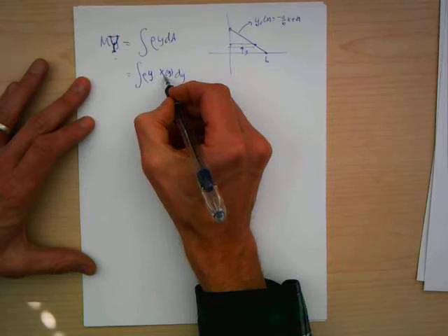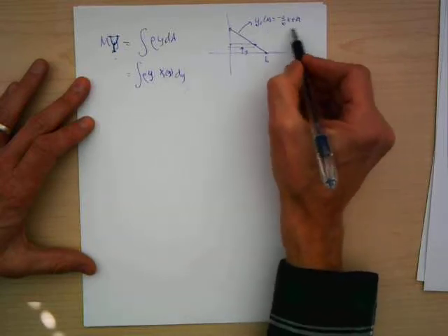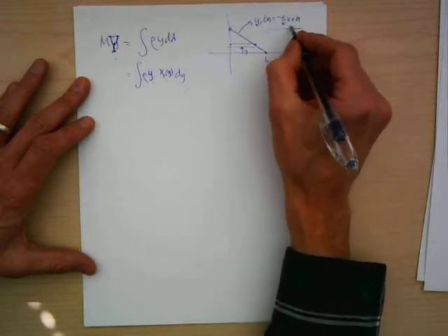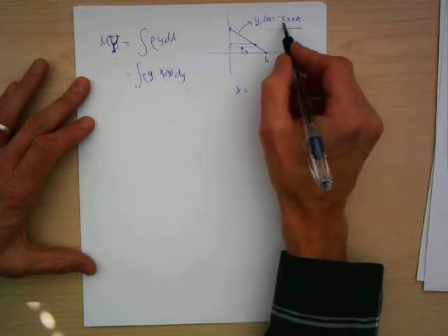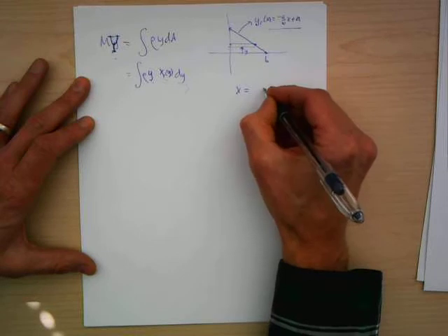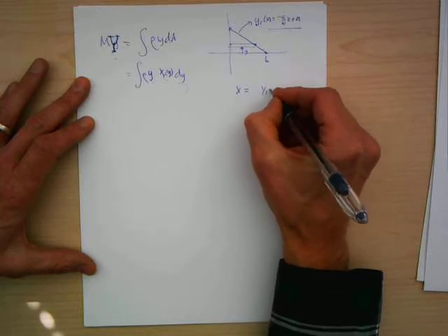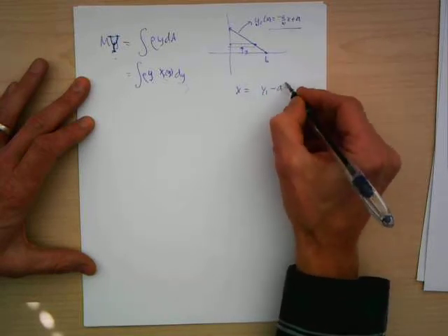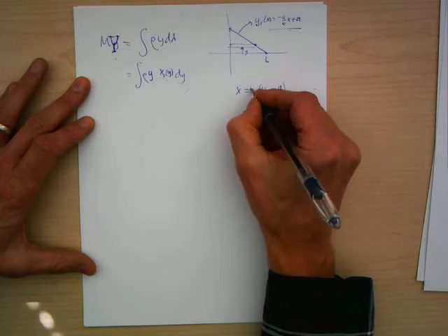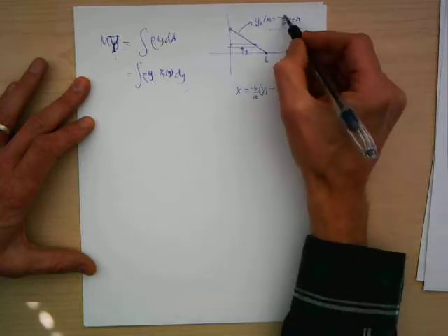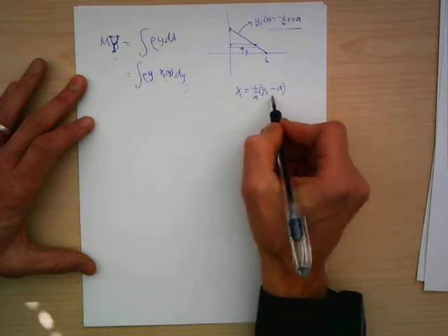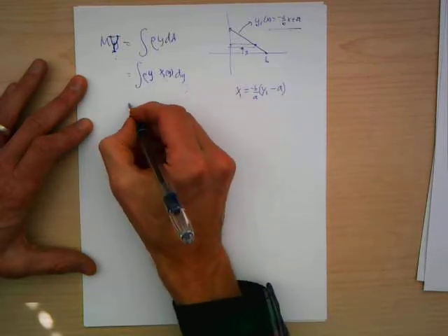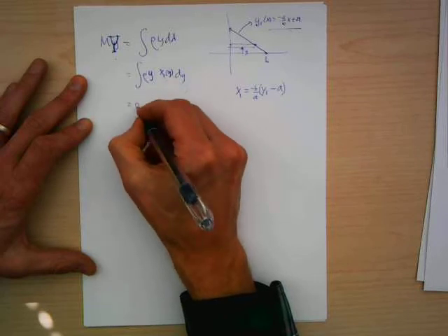We're going to need x1 of y, which means we need to invert this equation for x. So I need to solve for x up here. So x is going to be y1 minus a, times minus b over a, inverting that term. That would be my function x1 of y. So let's put that in over here, pulling the rho out because it's constant.